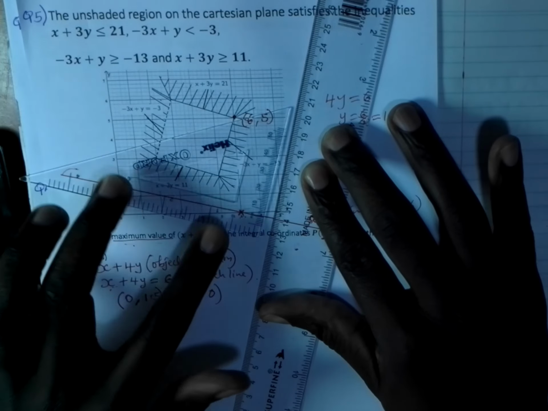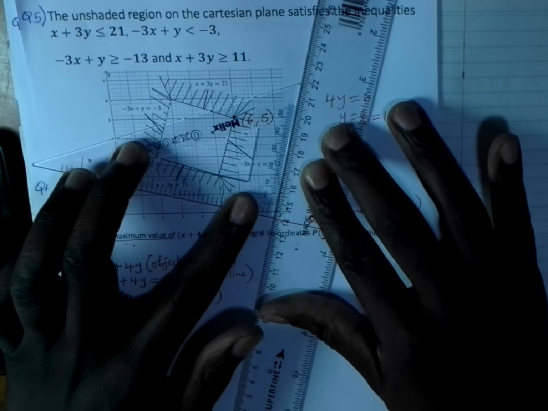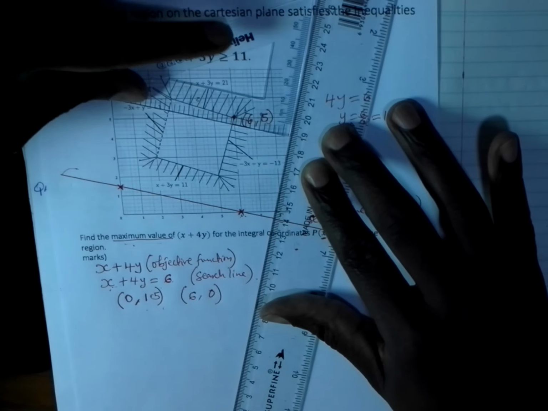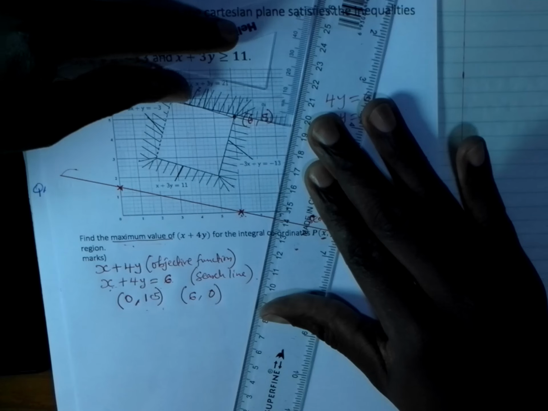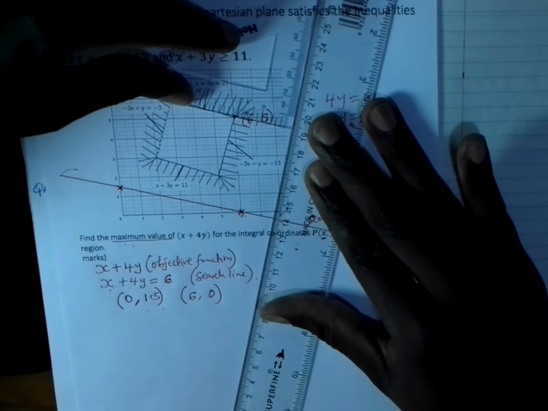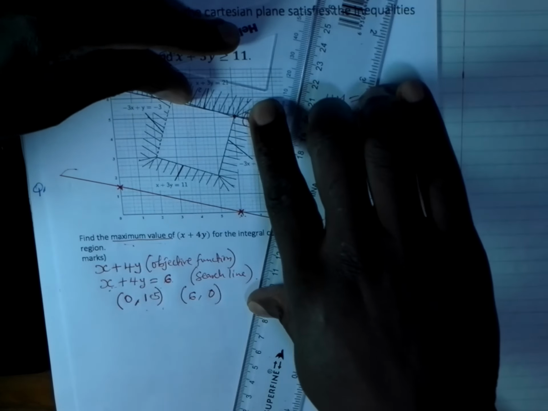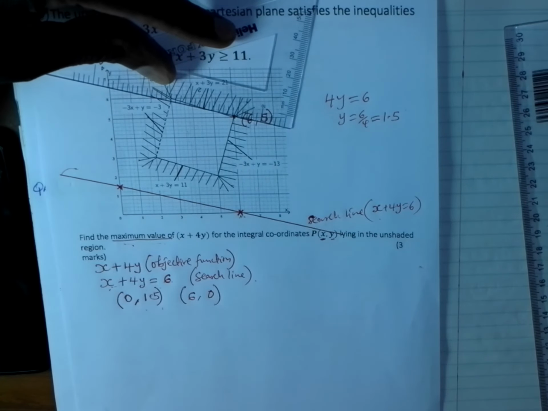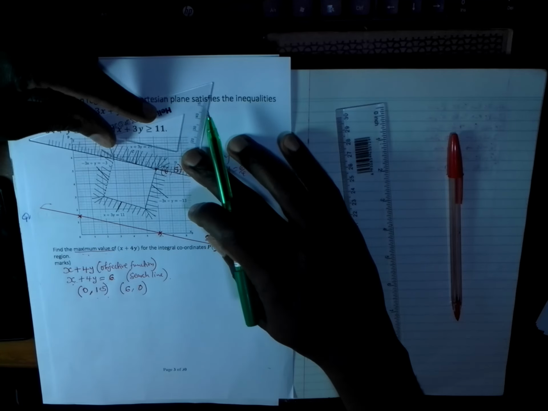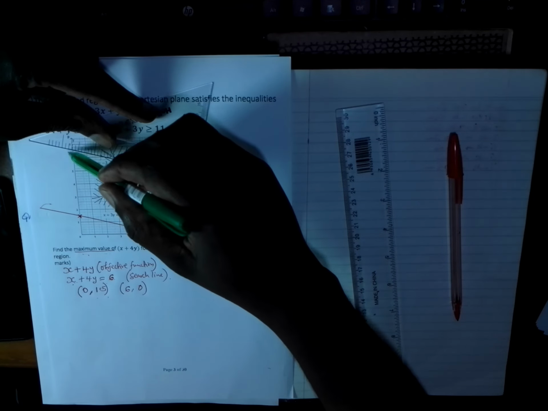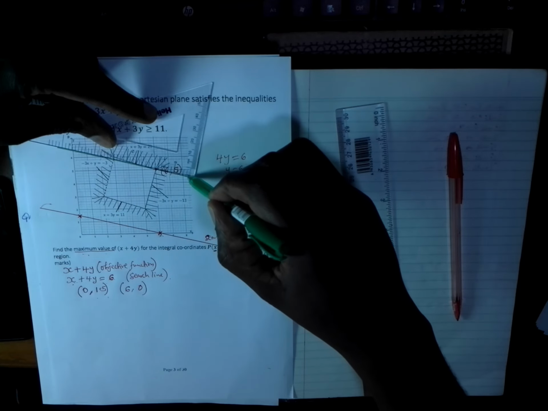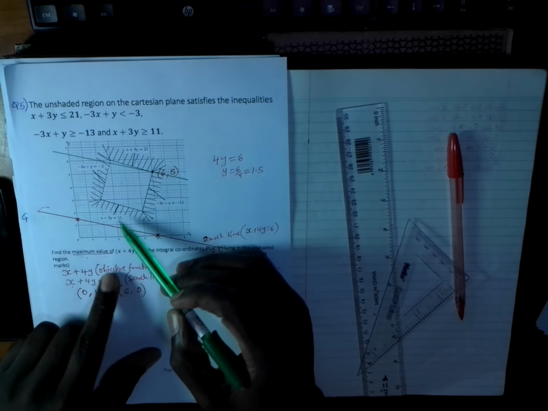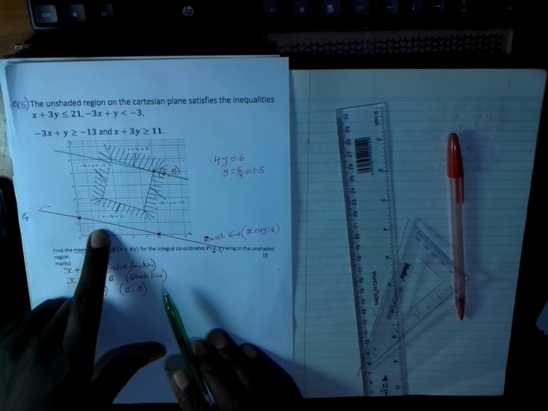Let me slide it. So you have that point. Let me remove the ruler, leaving the set square in place, and draw that parallel line. So I've drawn that parallel line to the search line.